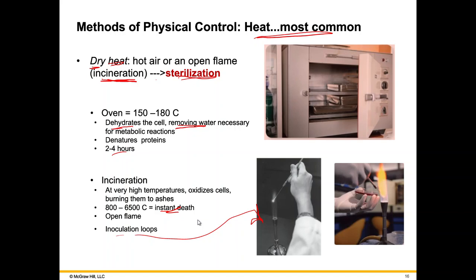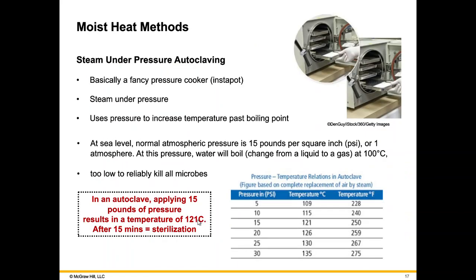So moving to our next one is moist heat. Moist heat is basically steam under pressure, and the device that we use to do that is called an autoclave. So here you see an autoclave, and they're sticking some samples of something inside of it to be sterilized. This is basically like an Instapot.